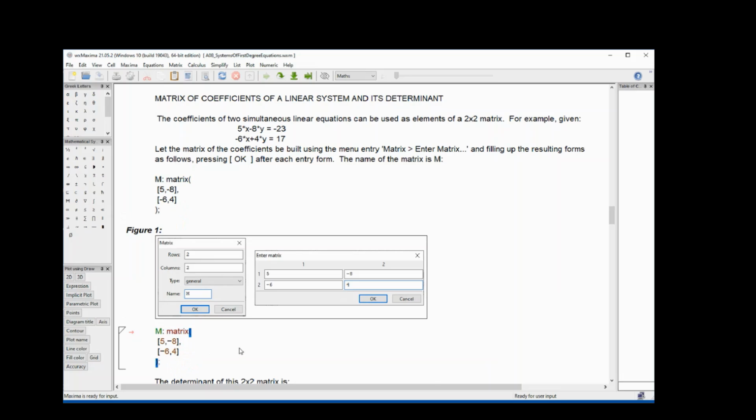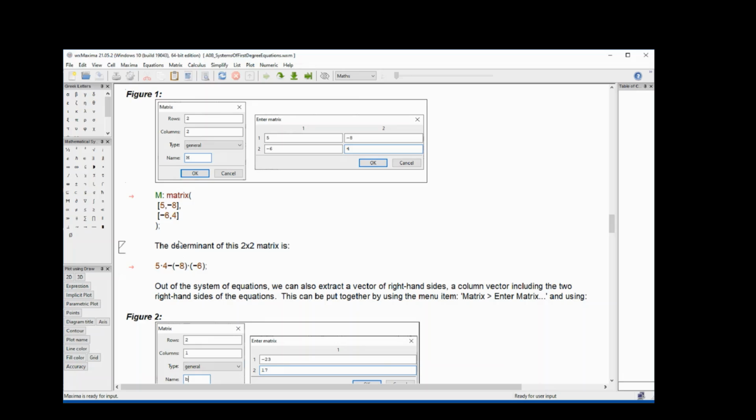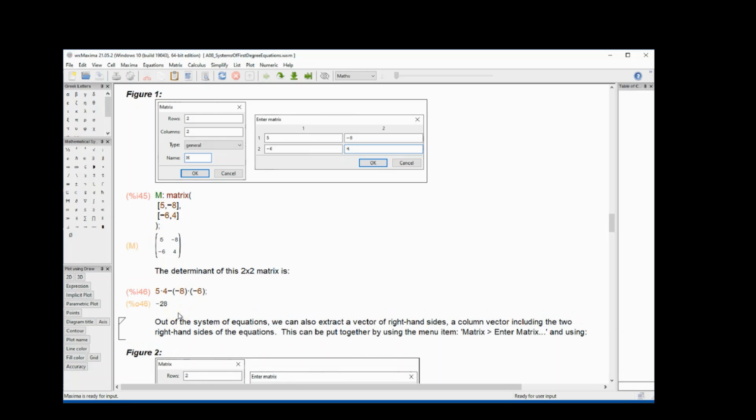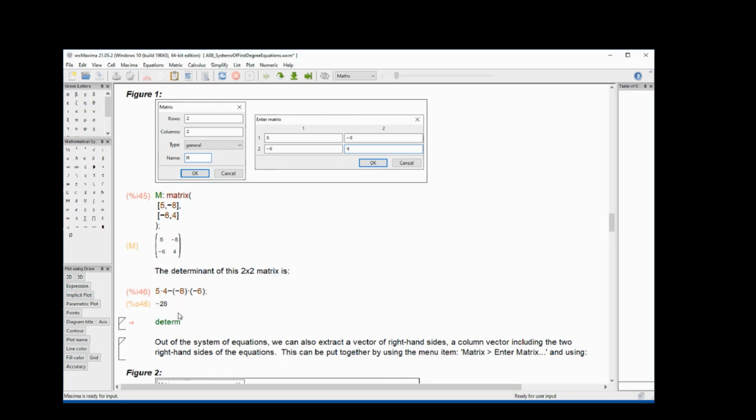So if you don't want to go through the whole process, you can just type M matrix parentheses and then a list with the top row 5, -8, and a list with -6, 4, close the parentheses, and you get this matrix. The determinant of this matrix will be 5 times 4 minus 8 times -6. Or you can do it by just typing determinant M.